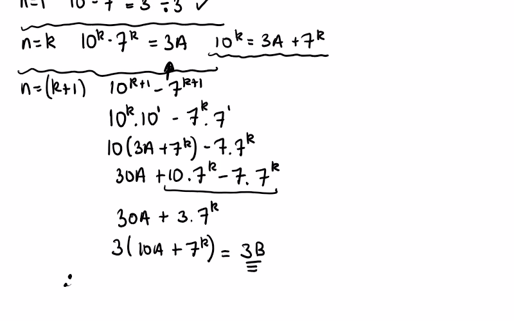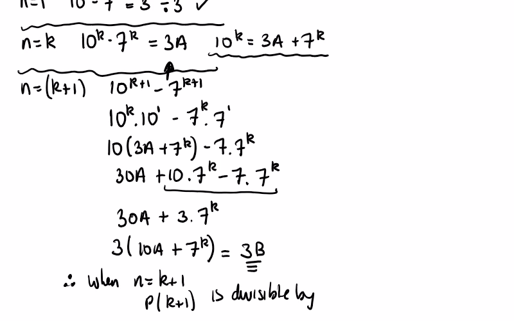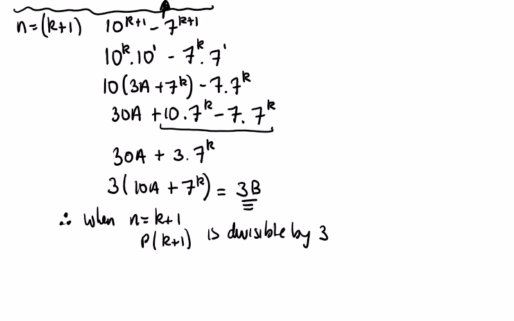We can say therefore when n is equal to k plus 1, or when proposition k plus 1, we can say is divisible by 3, and therefore we can say the rest of what we need to say at the end of these questions. So you come up with your method of what you're going to say: n is equal to 1, n is equal to k, n is equal to k plus 1.